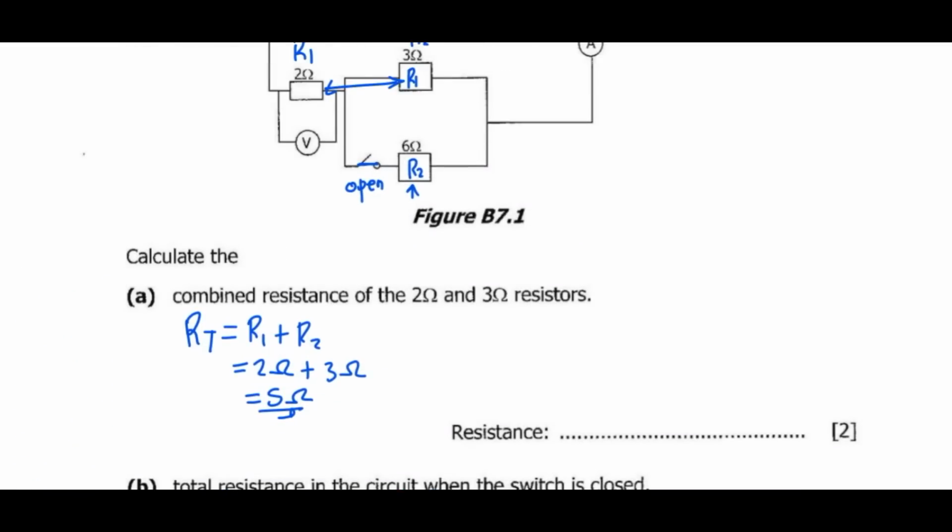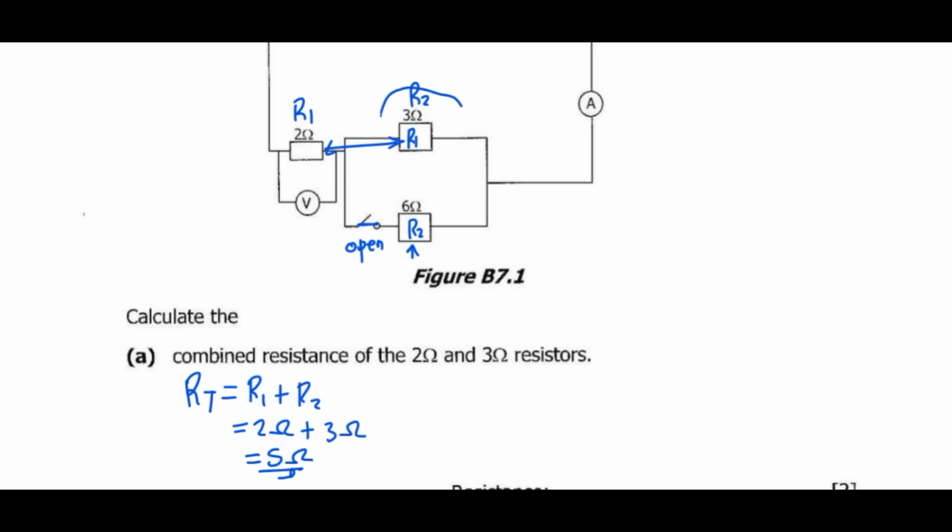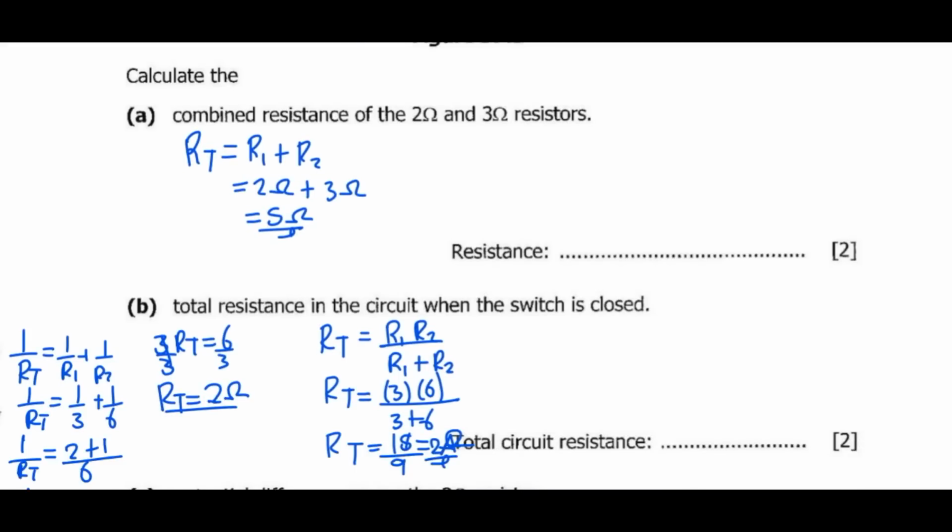This 2 ohms is the combination of these two. So this means that if the switch is closed, the remainder is like this. We have combined the two resistors. Here we have 2 ohms and the 2 ohms that we formed. So the total resistance of the circuit, RT, is equal to 2 plus the combined 2, which is 4 ohms as our answer.